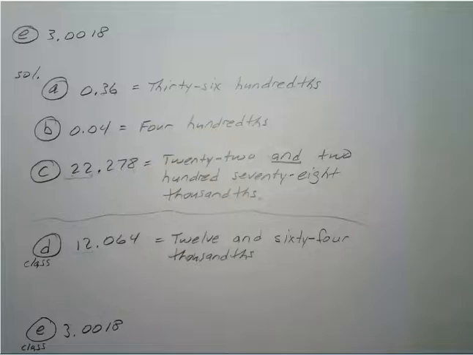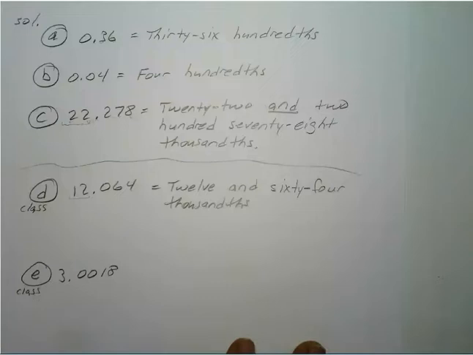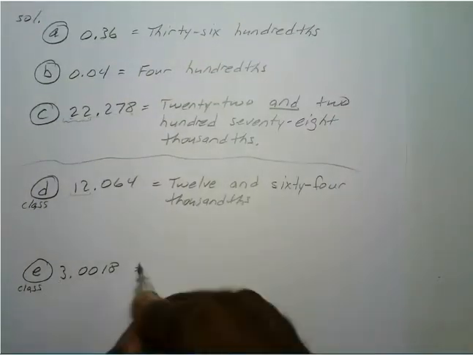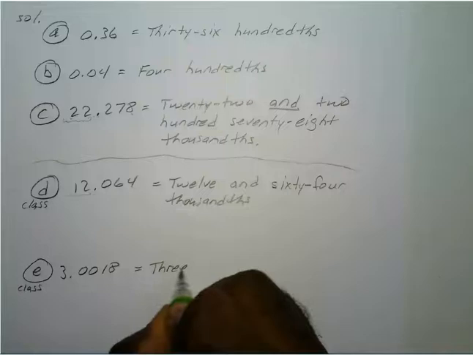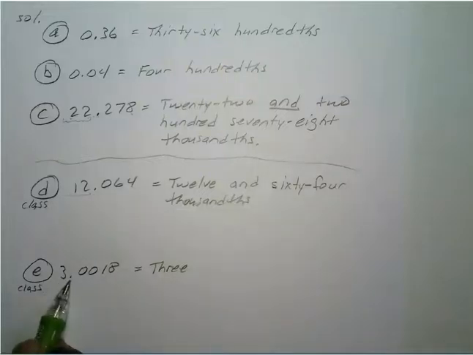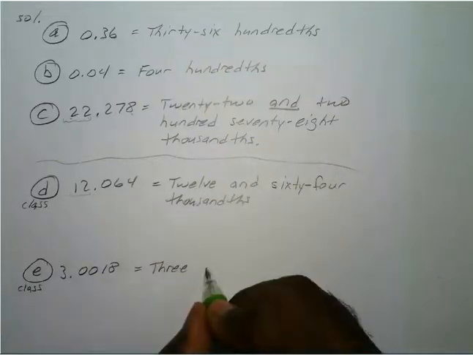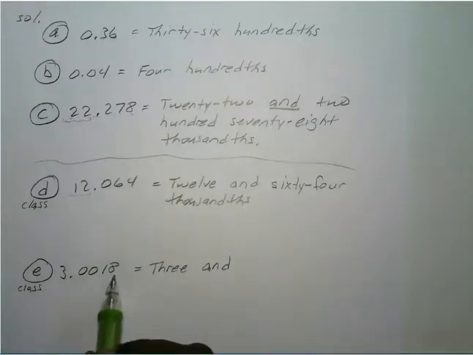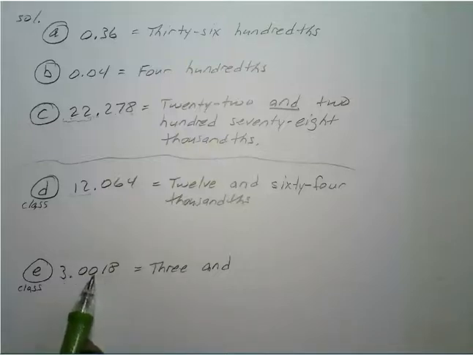All right. So now we're going to look at E, and we see we have to the left just 3. So you have 3. Remember, your decimal is your only and, 3 and you have 0018. So basically it's 18, but you have 4 decimal places: tenths, hundredths, thousandths, ten-thousandths.